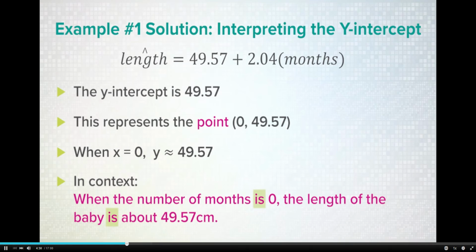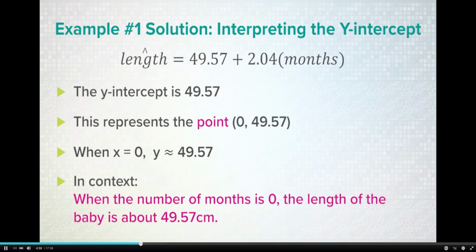Now those is's that are highlighted are talking about a point. When x is 0, y is approximately our value. The about portion of the sentence is taking into account that approximation. I don't know if it's exactly 49.57 centimeters, but that's my estimate from my least squares regression line.